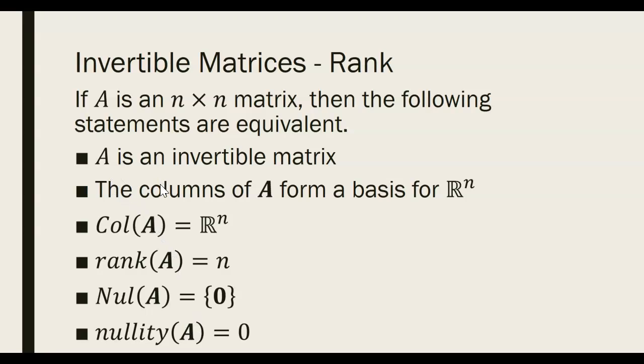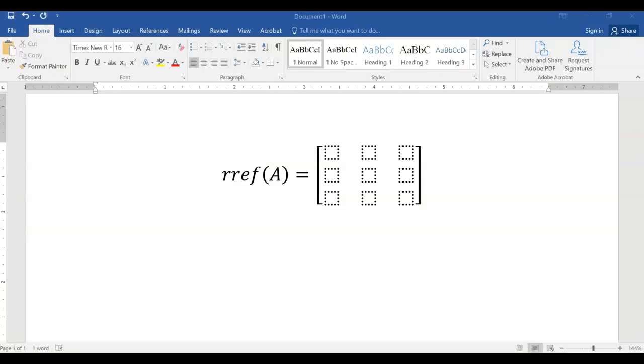Now, these equivalencies are pretty obvious when you think about it. Earlier we had the invertible matrix theorem, which says that when A is invertible, it row reduces to the identity.